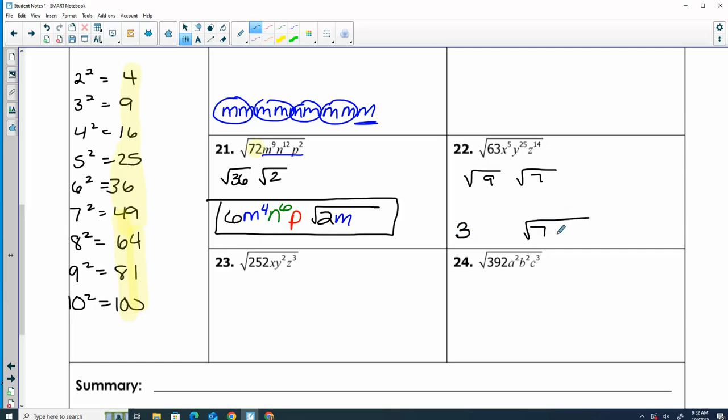I can't do the square root of 7, so it stays under my radical. Right, from there, we look at our variables. Which ones are going to have variables left under the square root? We should have an x left, and we'll have a y left. And we know that because their powers are odd.